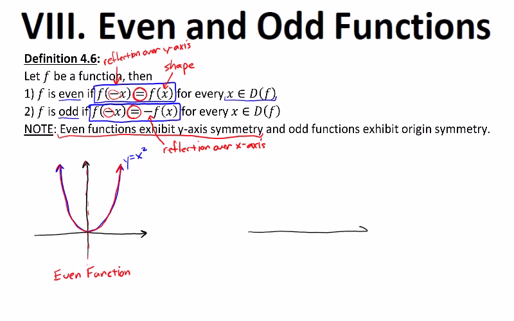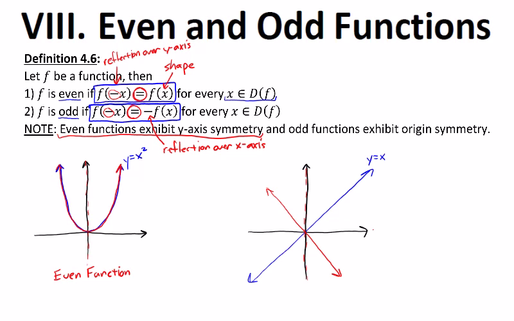For example, the identity function. Just a sketch. Y equals x. And let's say that I wanted to reflect over the y-axis first. If I reflect over the y-axis, my graph will look something like this.